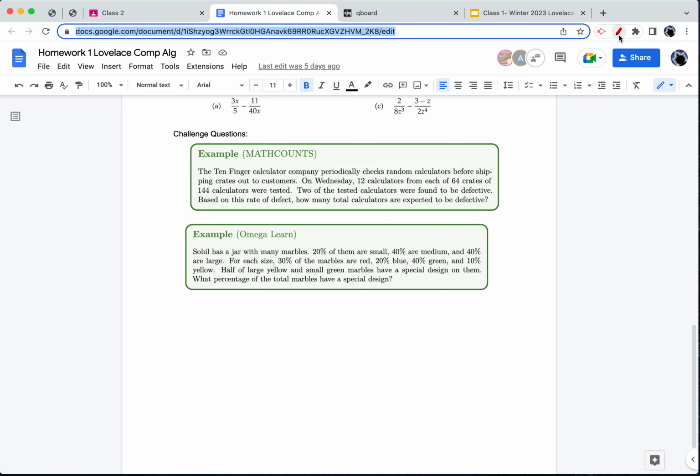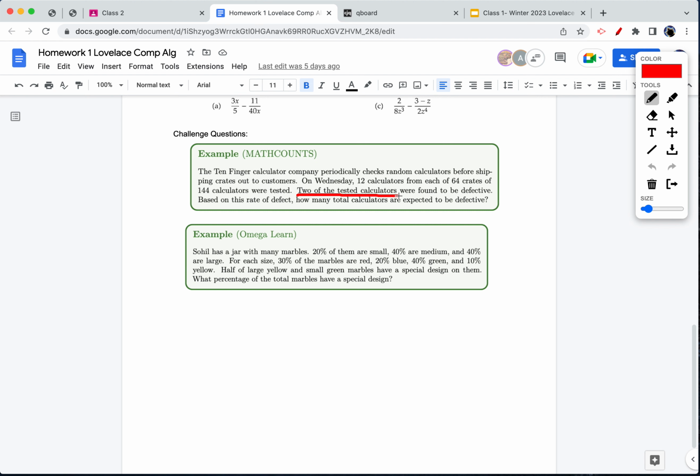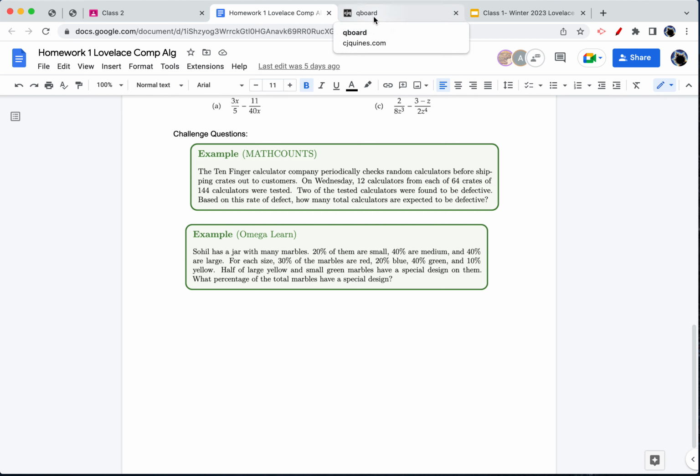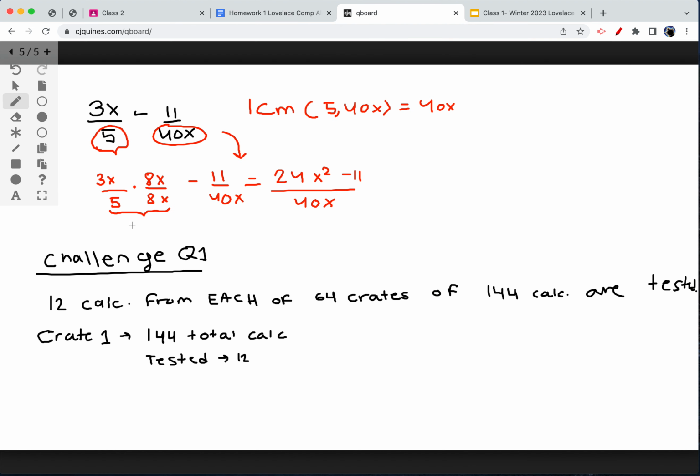Okay, so I think this question is a little confusing since it doesn't tell us whether this is in total or per crate. So let's just assume that in total, 2 tested calculators were found to be defective.